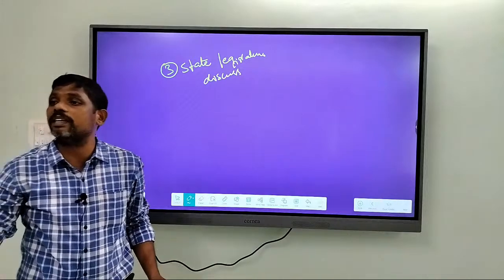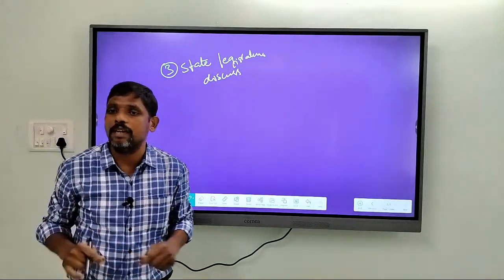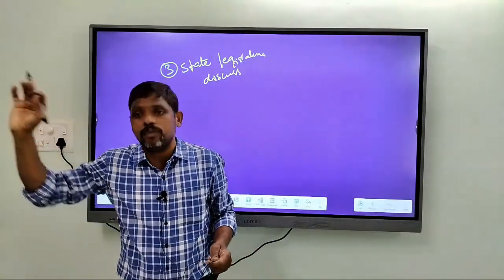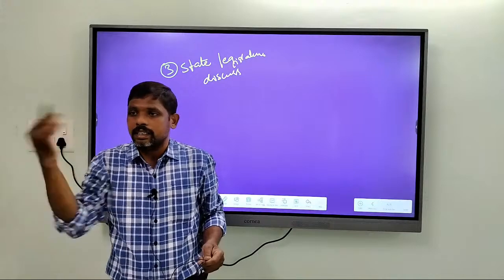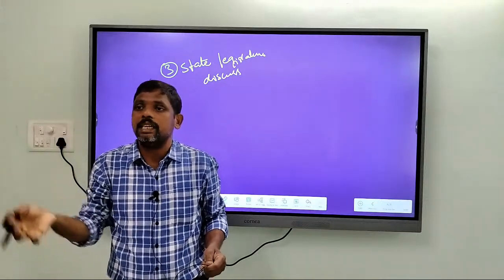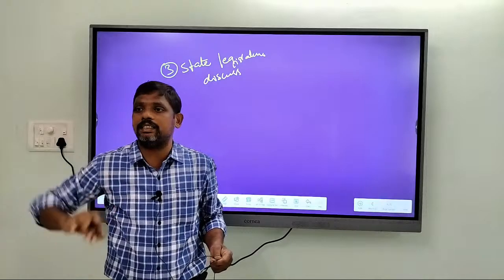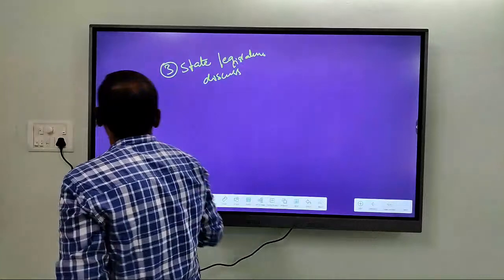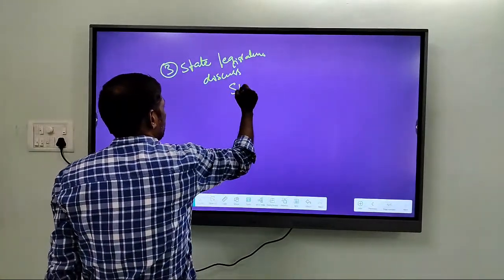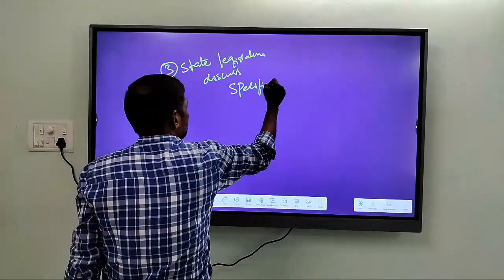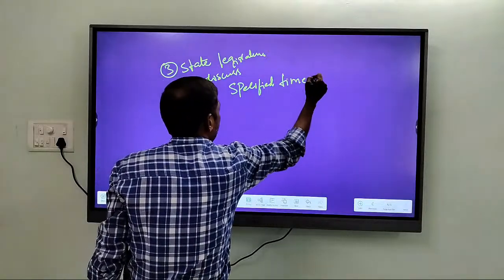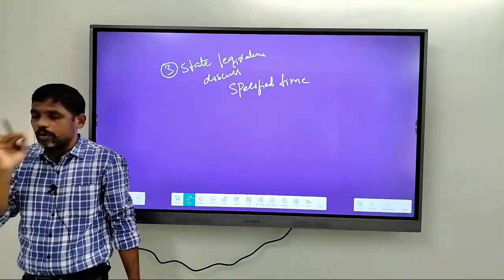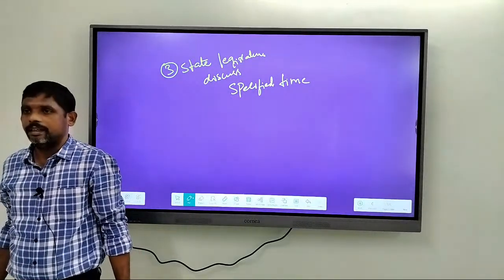The purpose of referring the bill to the state legislature is to know its opinion, because the state legislature represents the views of the entire state and its people. Within a specified time, the state legislature should give its opinion.